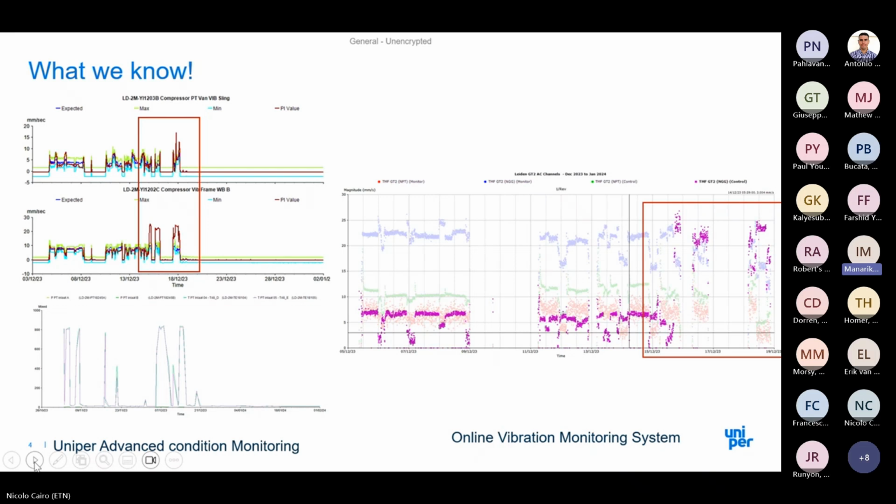It is working based on machine learning algorithms in terms of KNN, and it has shown a clear increase. And on the right side, we've seen a vibration increase on one of the measurement points. This is our VMS, the online vibration monitoring system of Uniper.